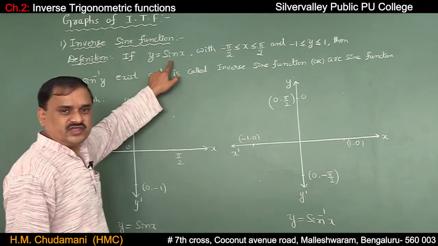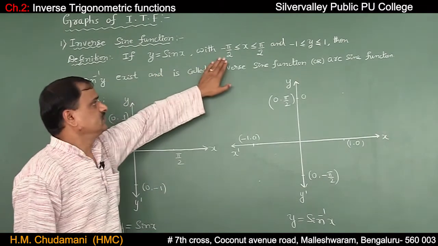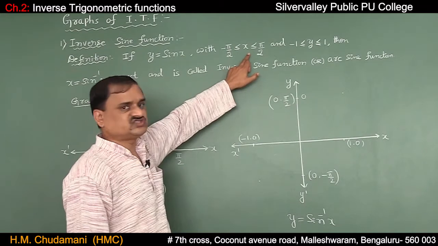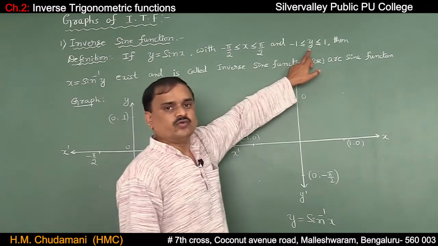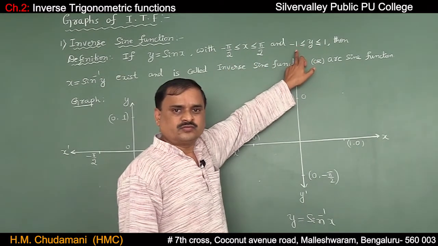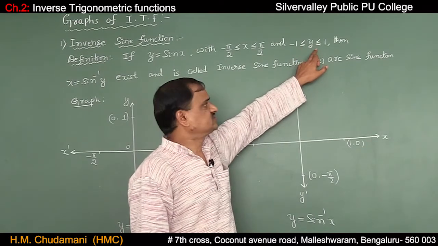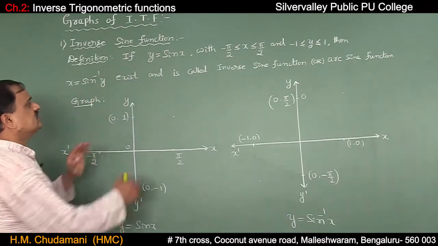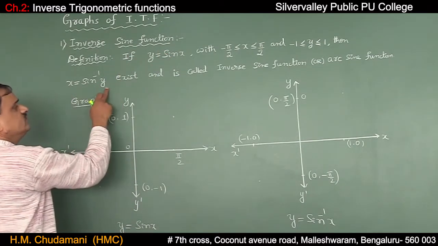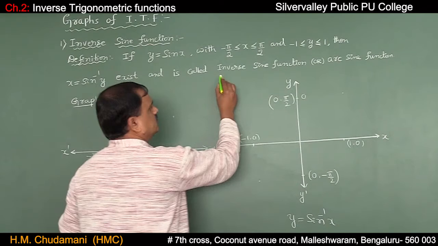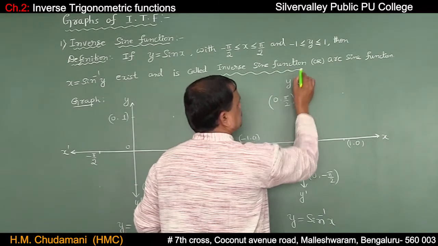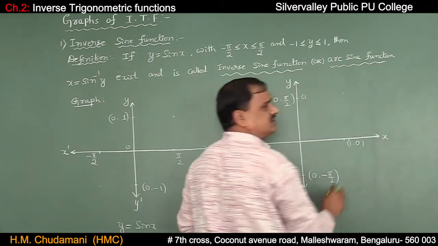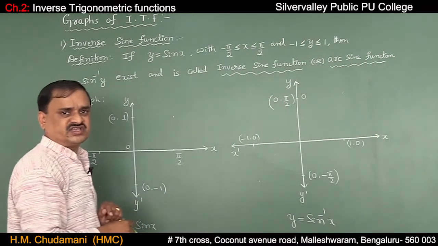Definition: if y is equal to sin x with x greater than or equal to minus pi by 2 and less than or equal to pi by 2, and y greater than or equal to minus 1 and less than or equal to plus 1, then x is equal to sin inverse y exists and is called inverse sine function or arc sine function.